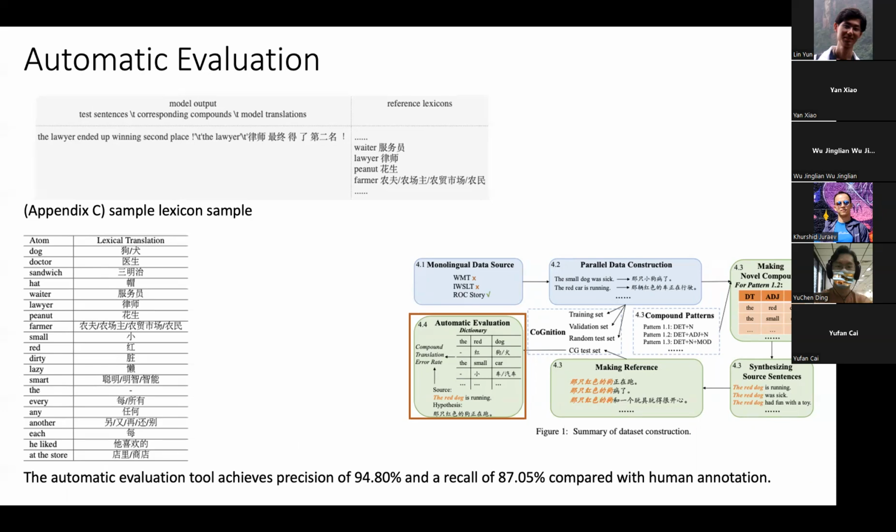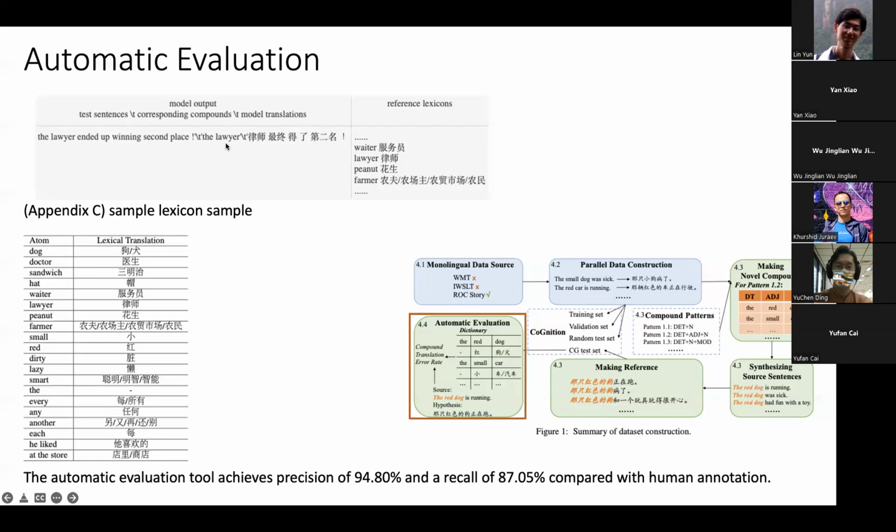And this automatic evaluation tool, anyway, up until now we haven't discussed anything about the approach, right? Yes. So this is a heuristic or rule-based approach to achieve this precision and recall. Yes. So I didn't get it. Suppose here is the ground truth: one sentence, the lawyer ended with winning the second prize, second place.